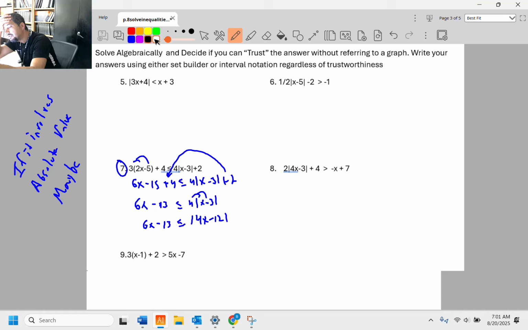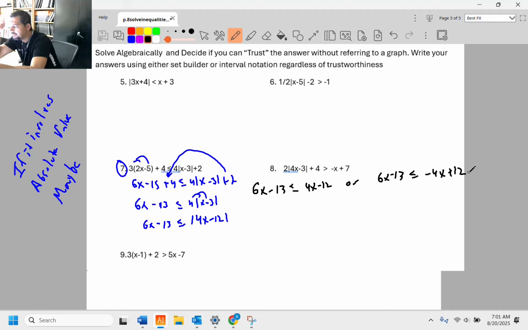And now I'm in a position to write my two equations. One of them is 4x minus 12. Oops, I don't know why I'm starting on the right side first. One of them is 6x minus 13 less than or equal to 4x minus 12. Or the other one is still 6x minus 13, but this time it's less than or equal to negative 4x plus 12.